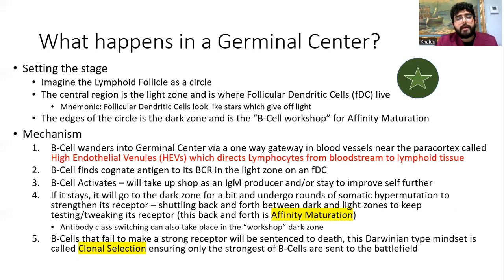Now, I want you to think of the dark zone like the soot from a blast furnace or something. Dark zone like a workshop, right? Or the blast furnaces, right? And this is where B cells will go to work on themselves in a process called affinity maturation. Now, what is this fancy term? What is happening in this germinal center anyways?